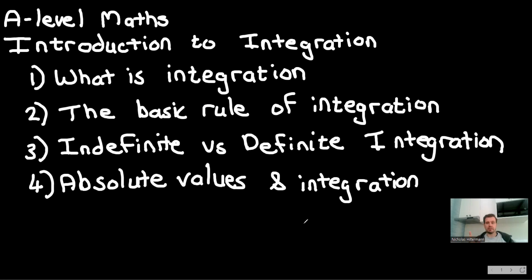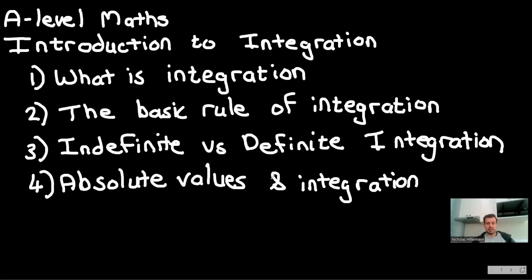Then we have indefinite versus definite, right? So indefinite says, I'm not going to define the region that I find the area. I'm just going to find the integral, which is just giving the equation of the integral, but not actually putting in values. The definite integral says, what I'm going to do is sub in 2 values and find the area under a graph of a specific area that I need.